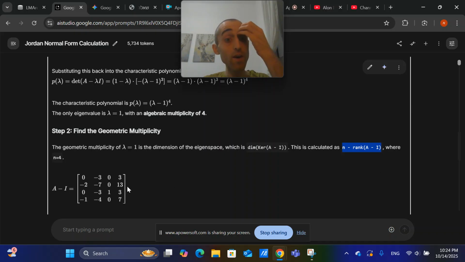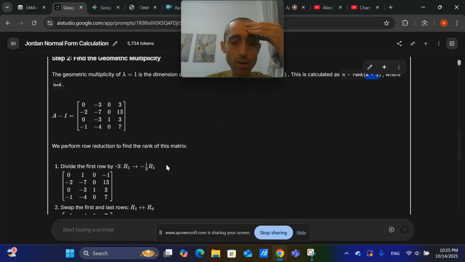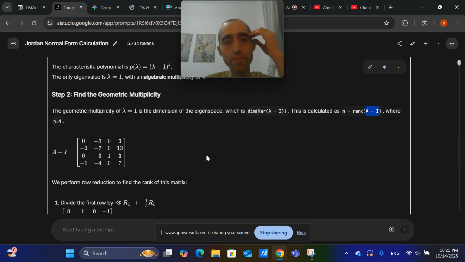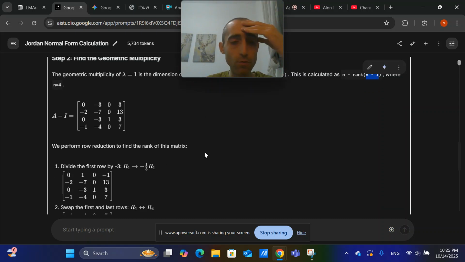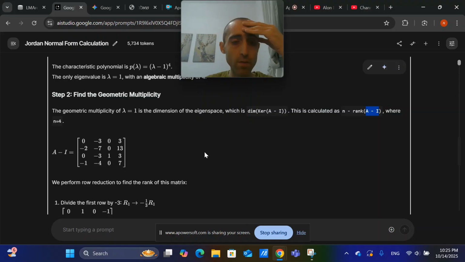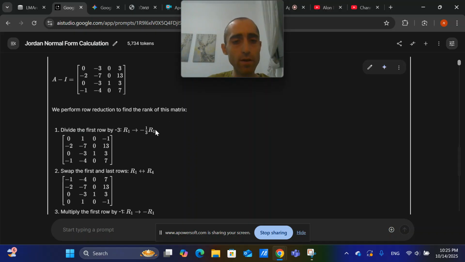Okay, so let's find the geometric multiplicity for the eigenvalue that we found. A minus I, we are starting with this. In order to find the rank, let's do a Gaussian elimination and get to an echelon form, and by that we'll very easily see the rank of the matrix, because the number of rows that aren't zeros will be the rank. So let's do some Gaussian elimination.